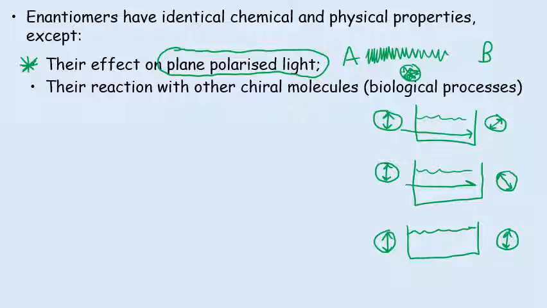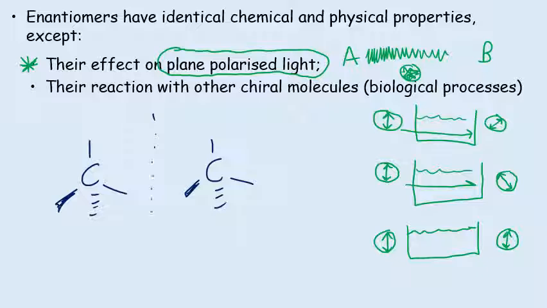So for example, you're talking an awful lot about lock and key in biological processes, and the idea is that one specific type of one of the enantiomers will fit the lock and key. And if you can imagine your models, if you've made these, so to make your chiral molecule, one of them will fit the lock and key, one of them will not.